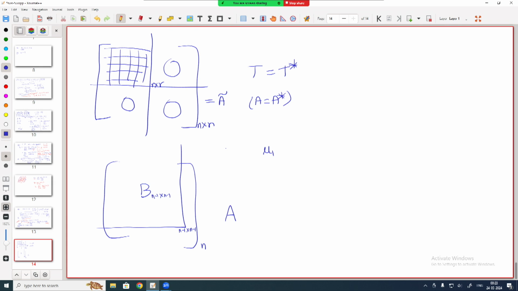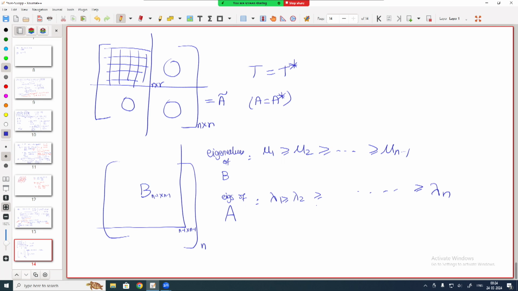So you can write out the eigenvalues of B as mu 1, mu 2, up to mu n minus 1. I will write the eigenvalues of A as lambda 1, lambda 2, up to lambda n.